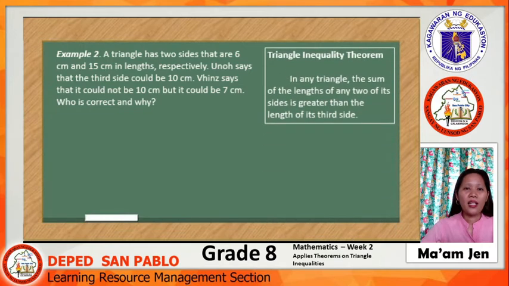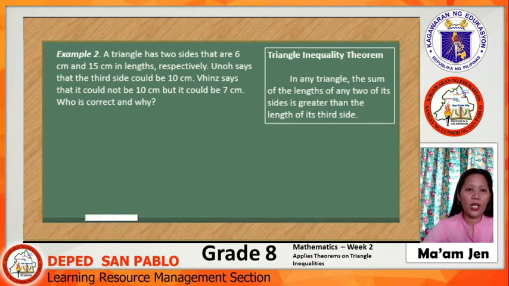By the triangle inequality theorem, in any triangle, the sum of the lengths of any two of its sides is greater than the length of its third side. So let's just compare the two sides of the triangle with its third side.